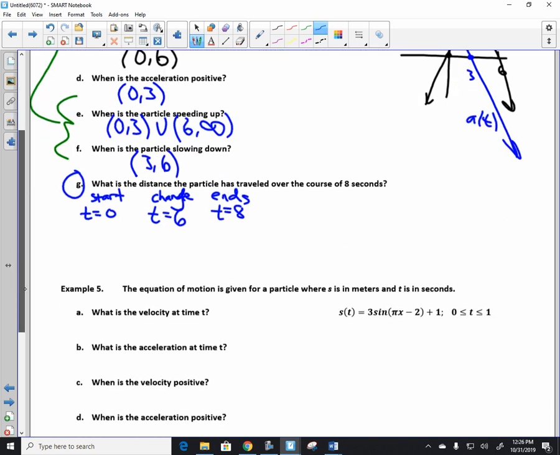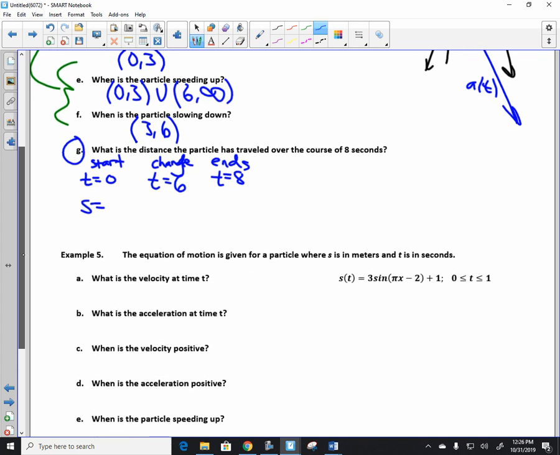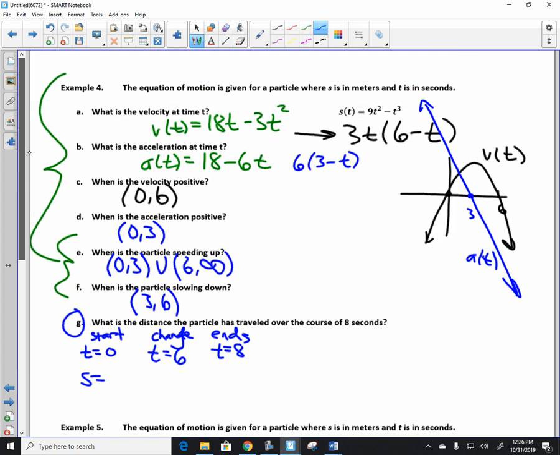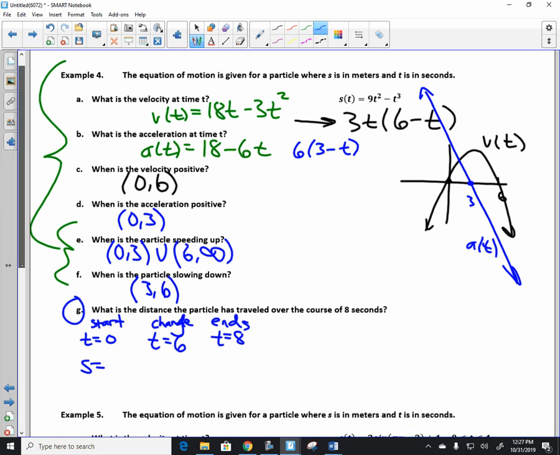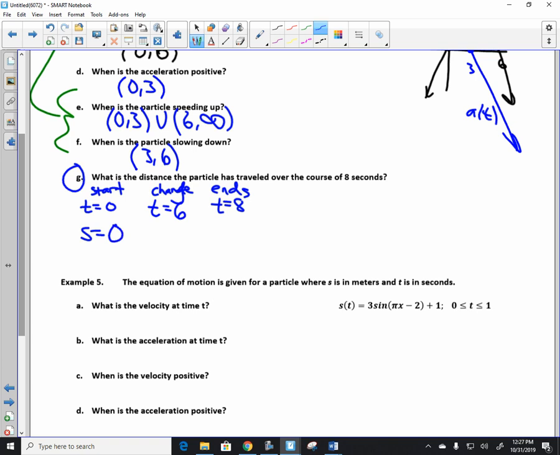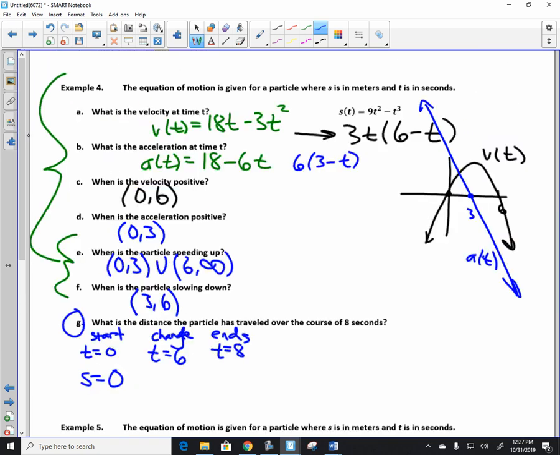I want to figure out the position. How do I calculate the position at time 0? I plug 0 into the position function. Plug in 0, what do you get? I get 0. Plug in 6. Oh boy, I need my calculator.